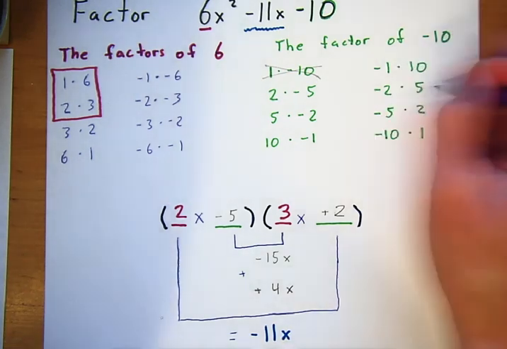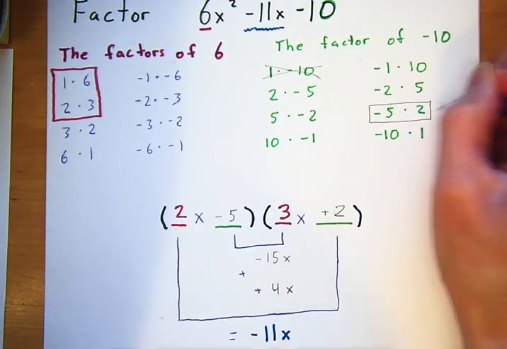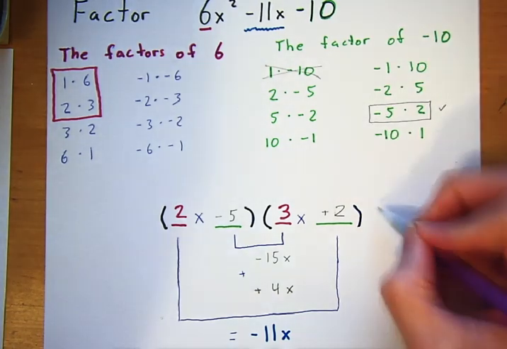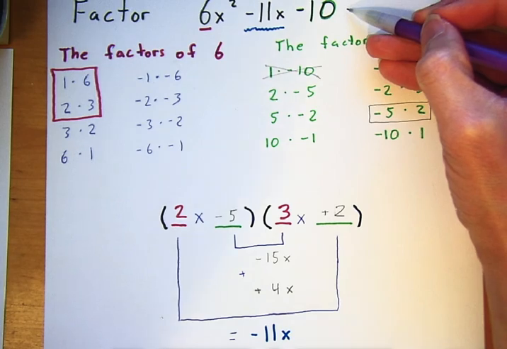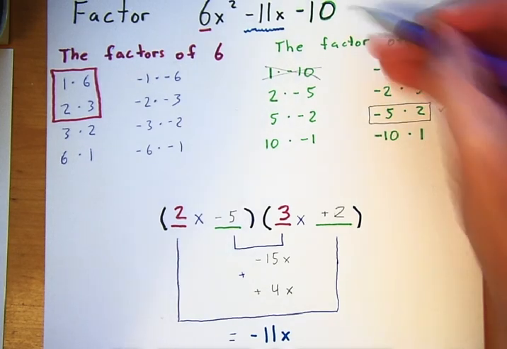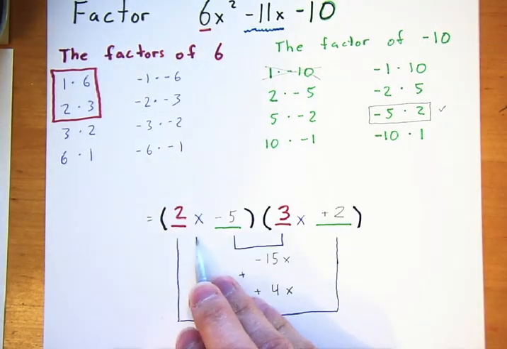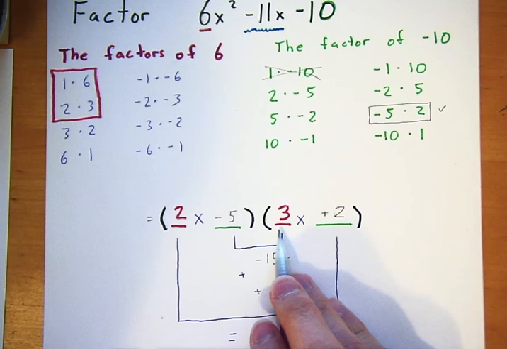Congratulations, you have found how to factor our polynomial 6x squared minus 11x minus 10 equals 2x minus 5 times 3x plus 2.